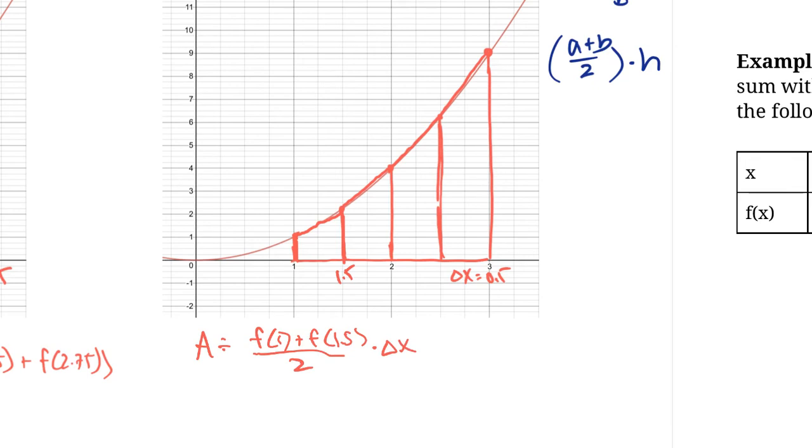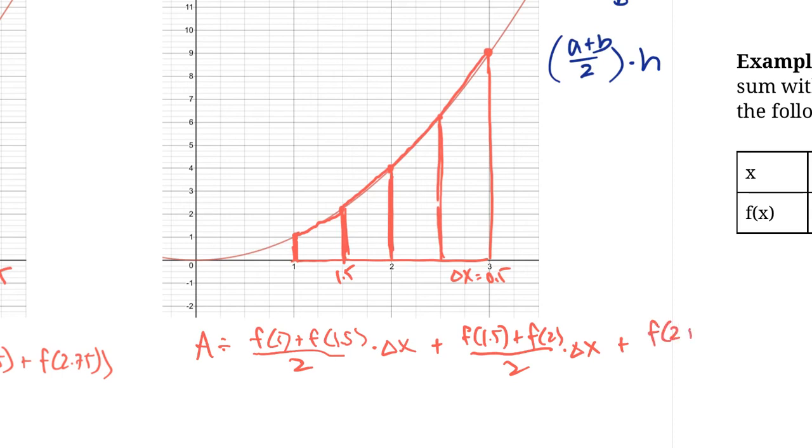And then for the second trapezoid, I should say, it's going to be f at 1.5 plus f at 2 over 2 to find the average of those two, times delta x. And we can continue that for the rest of them. I'm going to run off the page here.